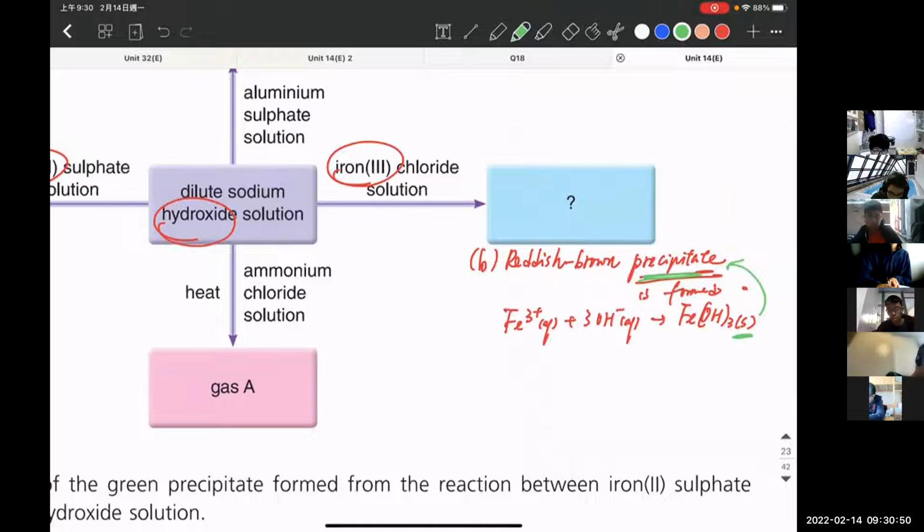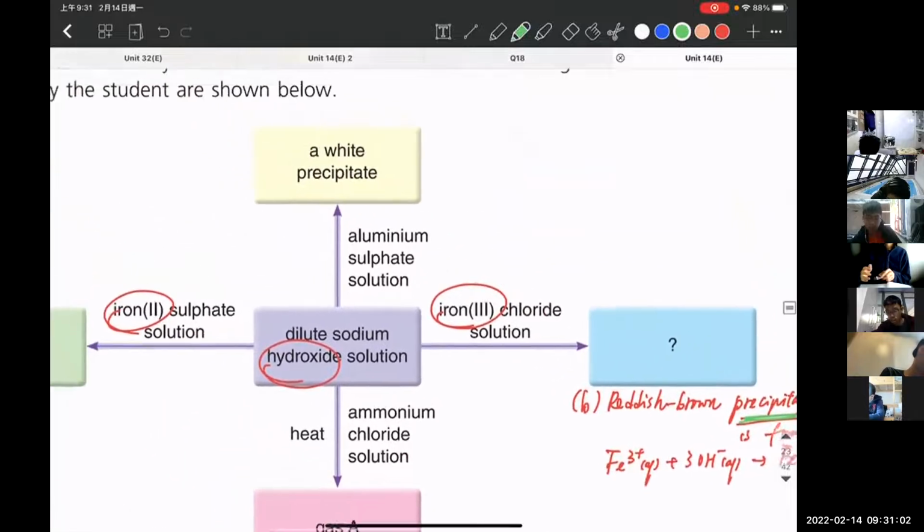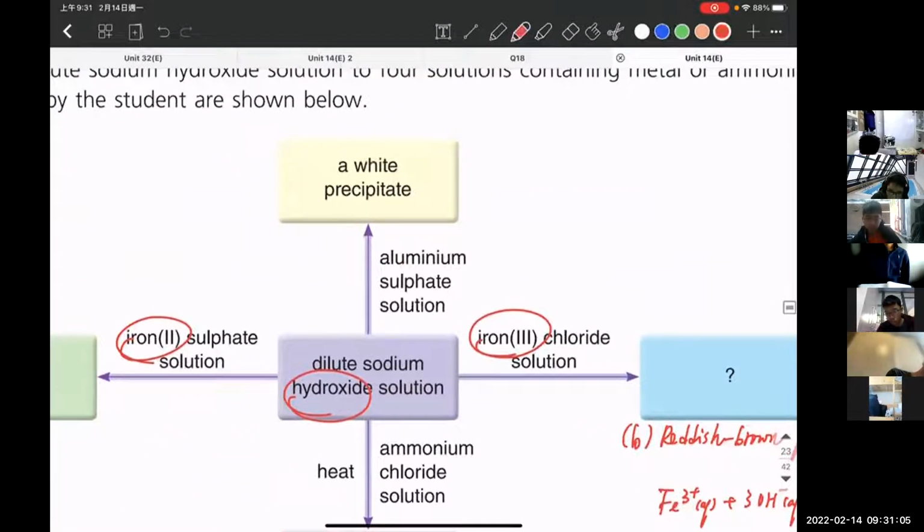How about C? Name the precipitate formed in the reaction between aluminium sulfate and sodium hydroxide solution. That white precipitate, what is that?